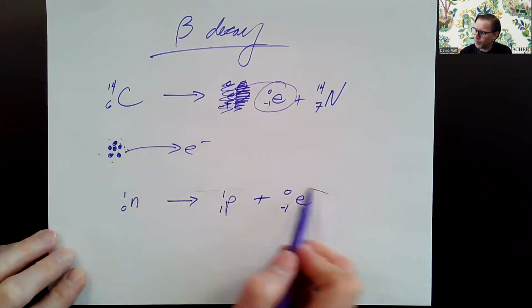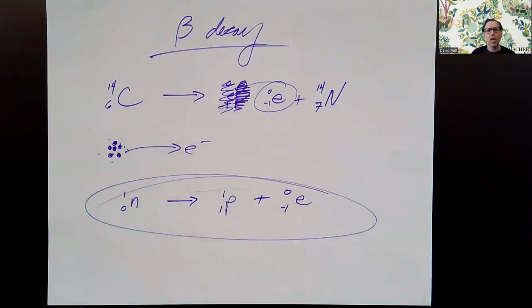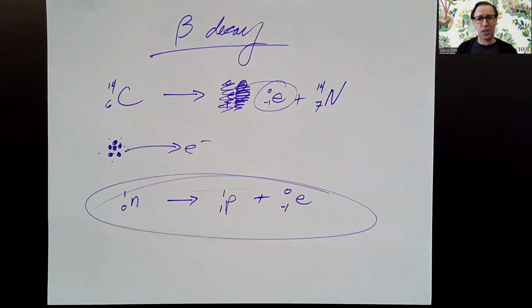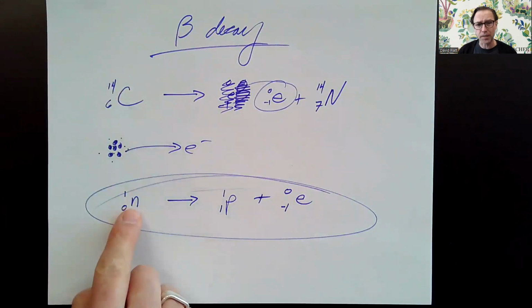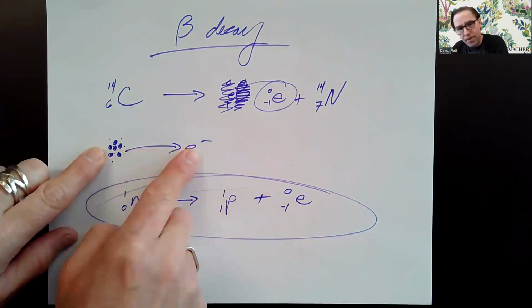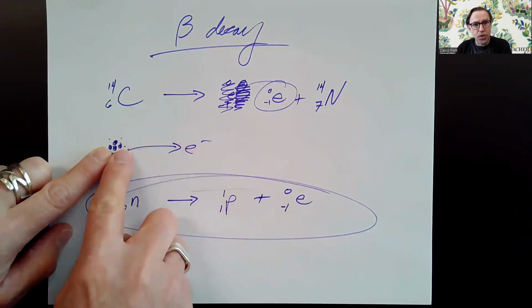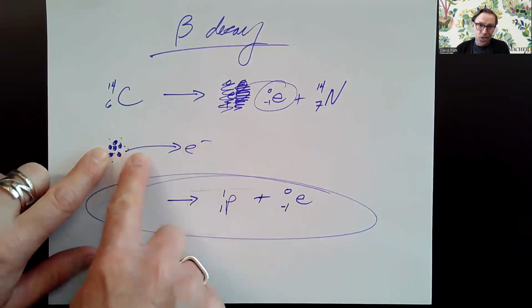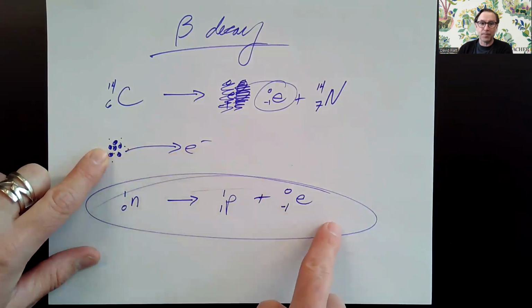An electron. So this is telling me that in some nuclear reactions, like this one, a neutron is turning into a proton and an electron. And that is how out of this nucleus, the neutron turns into a proton. And when it does that, it ejects an electron.